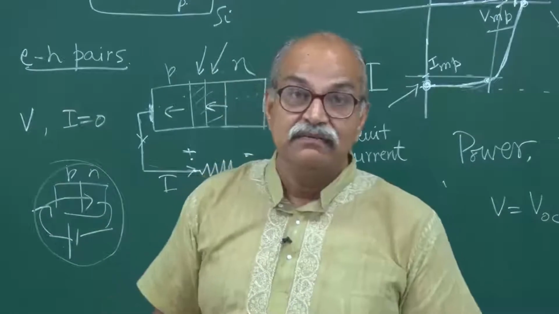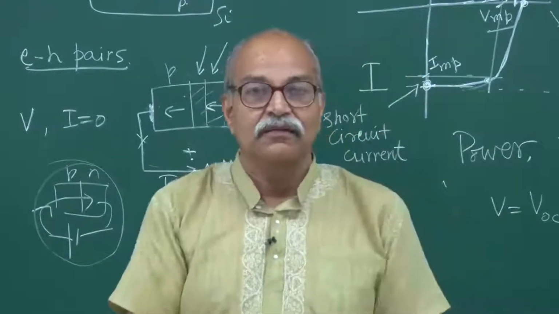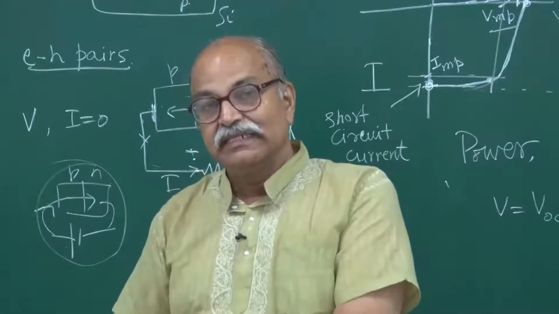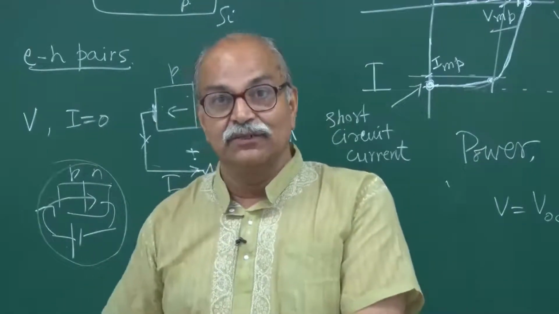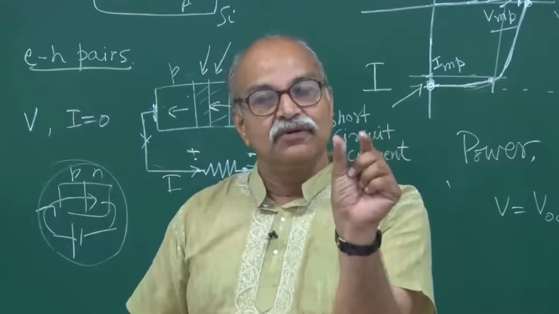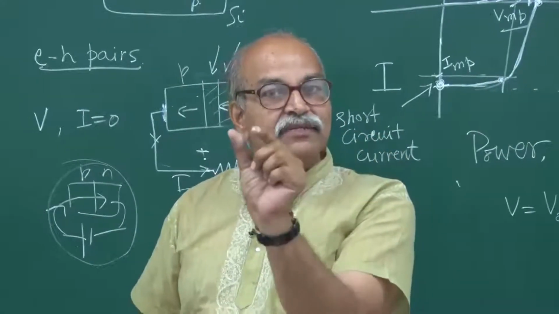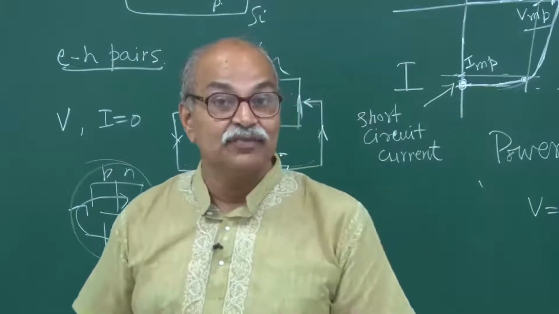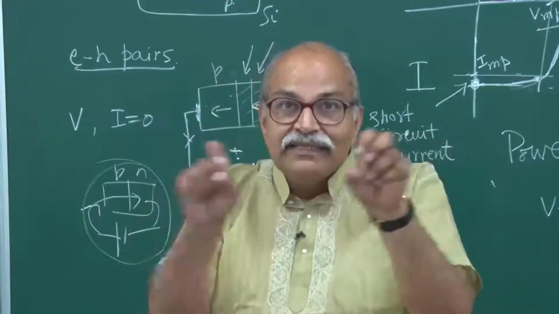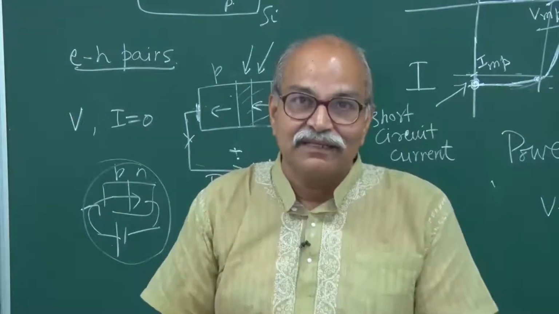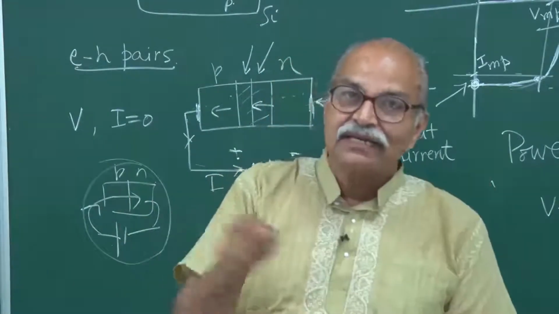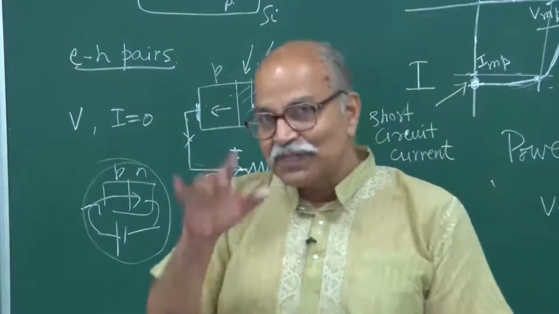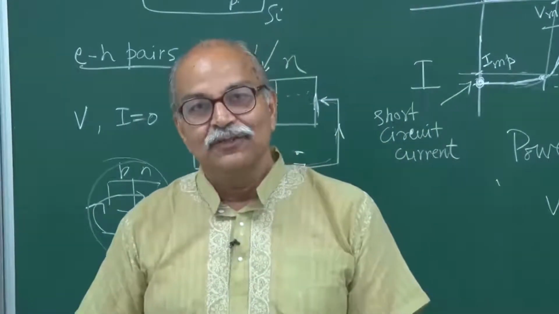We may need a solar system for 12 volt DC or 6 volt DC or so. So, if you have 0.5 volt on one, you can put in series to increase the voltage, and then the current capacity also has to be increased. So, such lines can be connected in parallel, and then your current capacity can increase because of that. So, that is what you typically see in a solar panel.